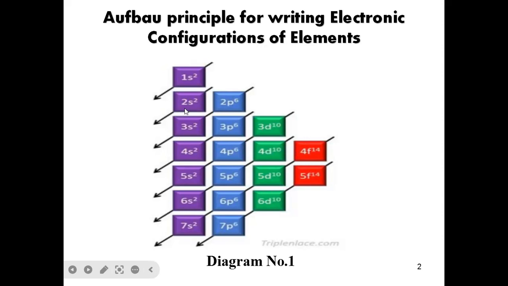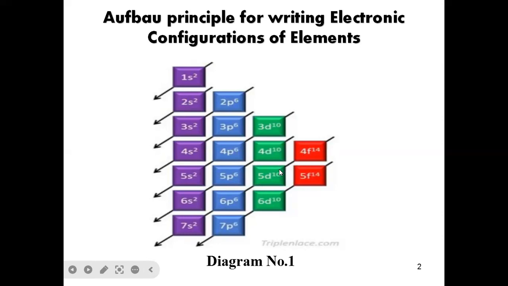Then the electrons would go to 2p, 3s, 3p, 4s, 3d, 4p, 5s, then to 4d, then to 5p, then the electron will accommodate into 6s, and after this into 4f.